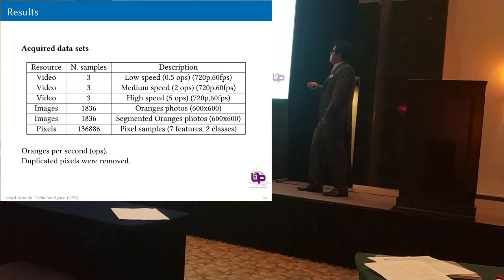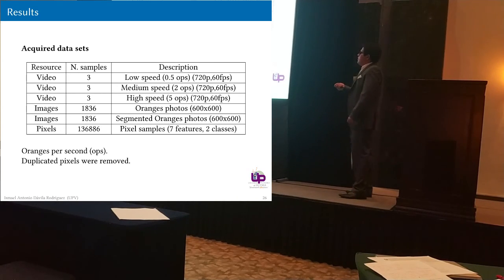Then here is the pixel data acquisition, and we got that amount of pixels. If you see, it's not a very large data set because all duplicated pixels were removed.